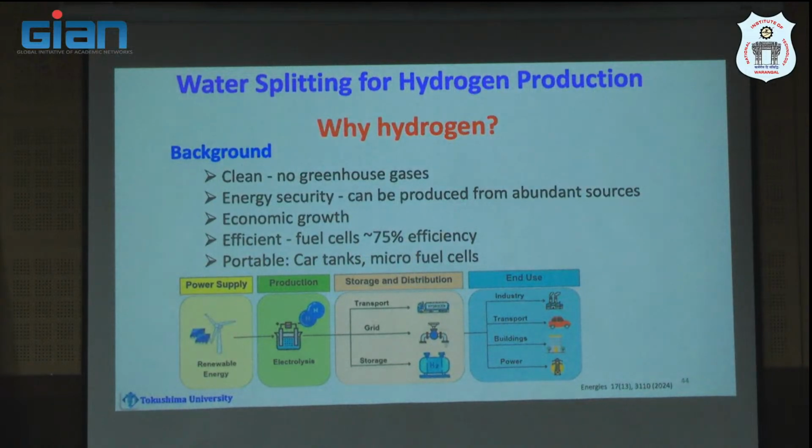So it needs less space. That's why such methods that create hydrogen are useful, and one can consider water splitting for hydrogen production as a source of green energy.